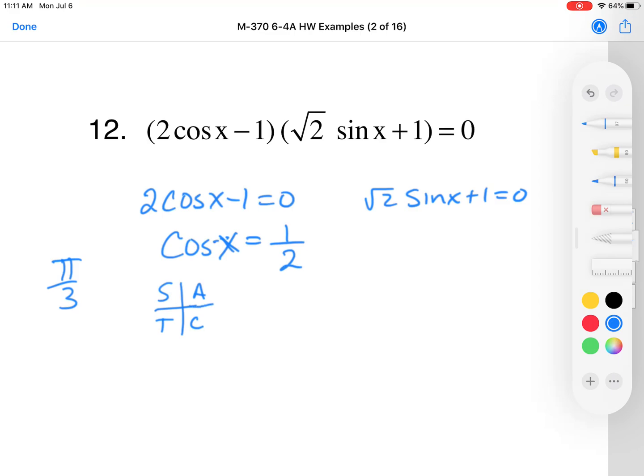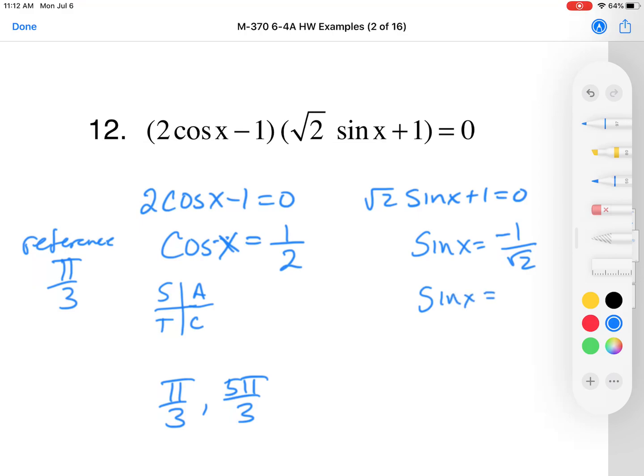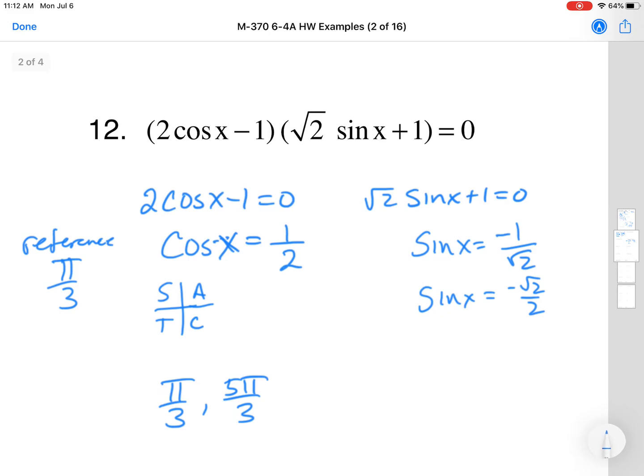So we're looking at the answers of pi over 3. I'll just label this as the reference. And in the fourth quadrant, 5 pi over 3. Now we need to know where sine x is equal to, bring over the 1, negative, divide by root 2. So when was sine x equaling negative root 2 over 2? Easy. We know where that was.